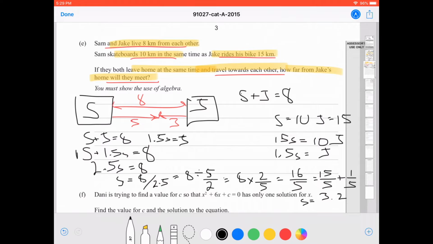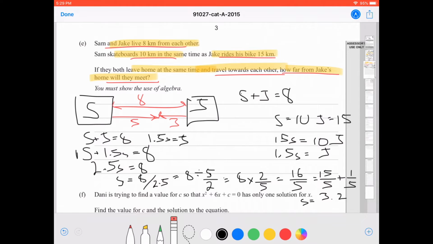Now, thinking back to the context of the question, we're looking for the distance from Jake's house when they meet. So when they meet, s equals 3.2.